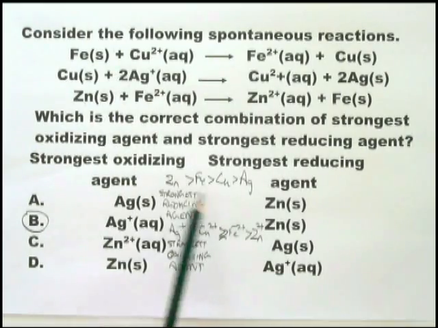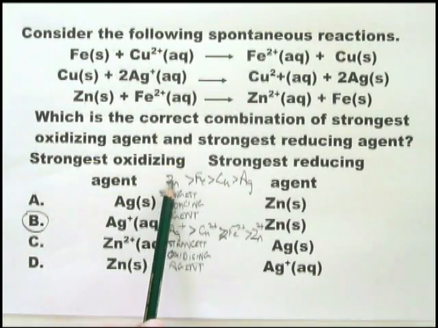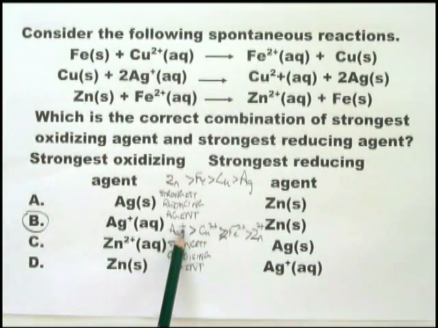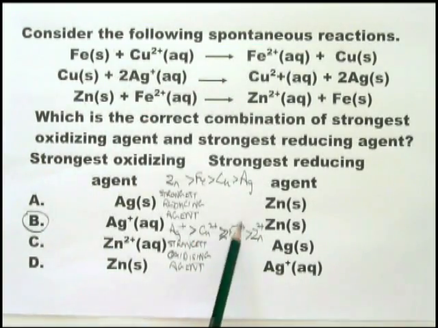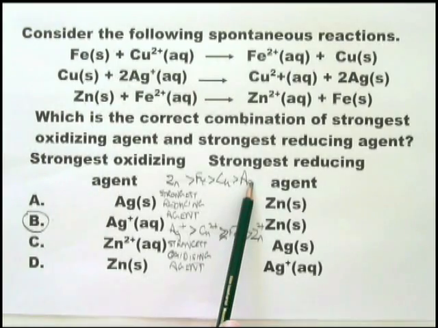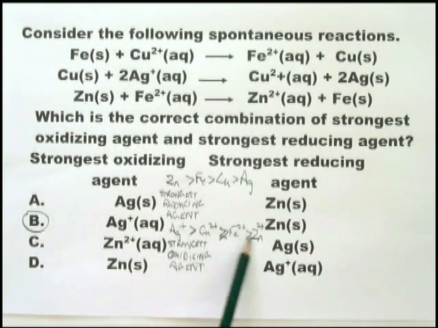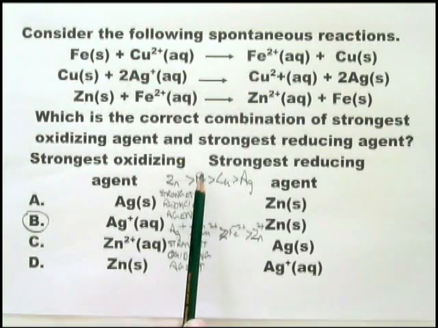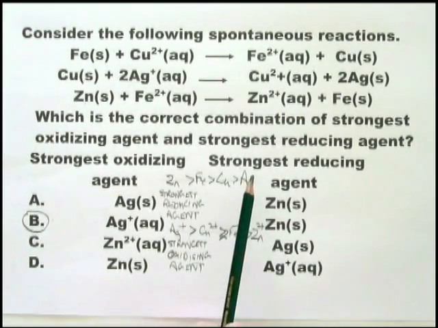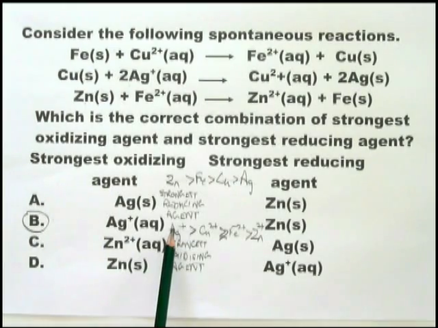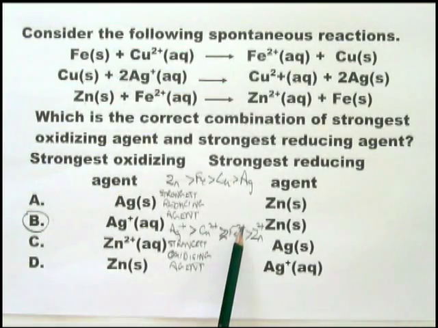What you need to do is simply work out the order of reactivity for both the metals and then for the ions. And once you've done one order of reactivity, the other one is simple. It's just the reverse. Zinc is more reactive than Fe, more reactive than Cu, more reactive than Ag. The ions are in the reverse order. Ag+ is more reactive than Cu2+, which is more reactive than Fe2+, which is more reactive than Zn2+.